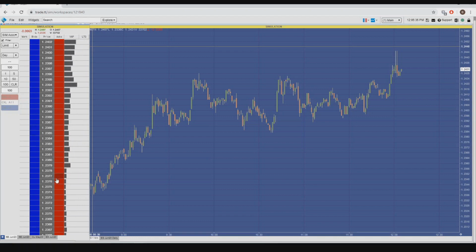We do have tails, that we like to refer to as tails, on the extremes of low liquidity or low volume areas in the market. You can see here we've got a few bumps, a few larger bumps slightly further down here.